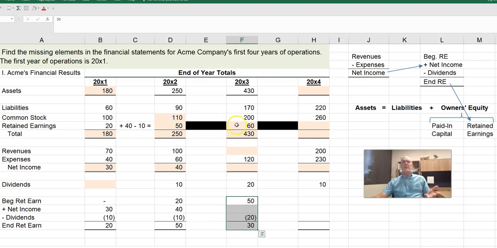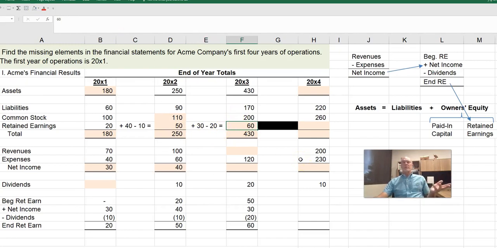We do know that our ending retained earnings is 60. Well, so far we've got 30 down here, so the missing net income must be the other 30. And yes, that's what it takes to add up to 60. So again, to get from the beginning to the ending retained earnings, we added 30 of net income. That took us to 80. Minus 20 brought us down to 60. And so it looks like year 3 is complete.